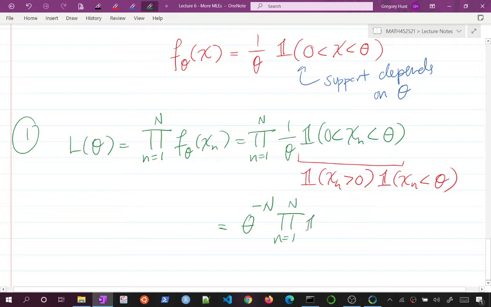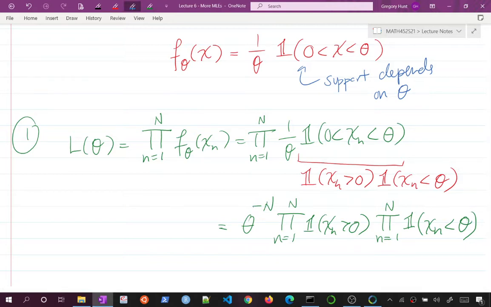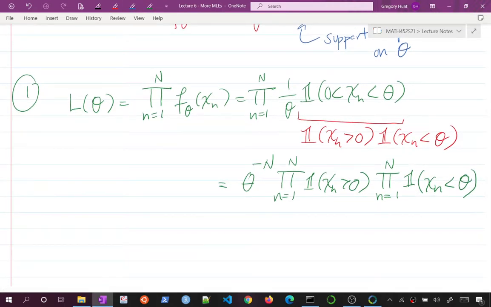The first one is the product of the indicators that the x sub n's are bigger than 0. The second one is the product of the indicators that the x sub n's are less than theta. Like the previous problem, whenever you see the product of indicators, you read it as and.